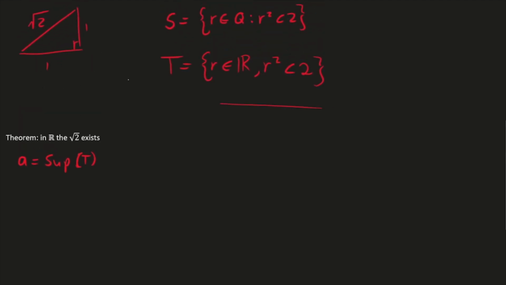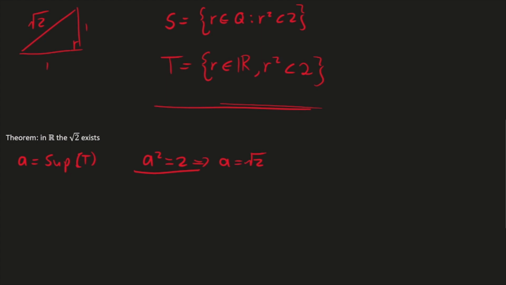But we are going to prove that if a is equal to the sup of t, where t was this set defined just up here, then a squared is equal to 2, which is essentially the same thing as saying that a is equal to the square root of 2. And because we know that a exists in the real numbers by the axiom of completeness, then the square root of 2 has to exist within the real numbers by proving that a squared is equal to 2.